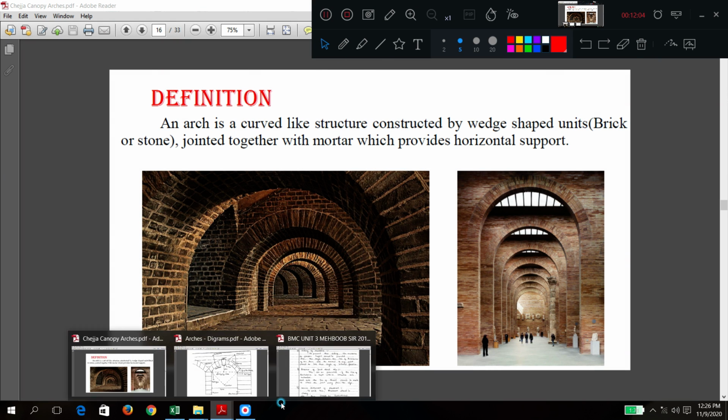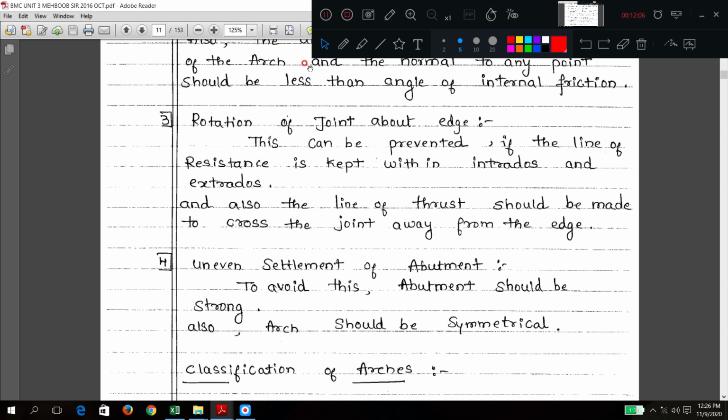To avoid this, again you should have bigger joints, which will avoid rotation.